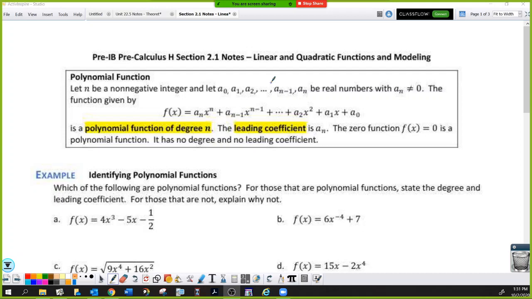Basically, a polynomial is any equation, it's a function that is strung together with pluses and minuses between the terms, and the terms almost all will have variables, but the real important part here is that none of those variables have a negative exponent. It must be non-negative, but it must also be an integer.